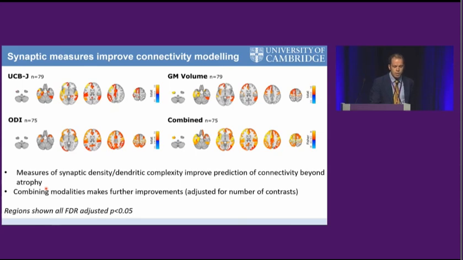Just looking separately region by region in a linear model with covariates, we compared the different modalities, and everything shown here is FDR corrected, p less than 0.05.